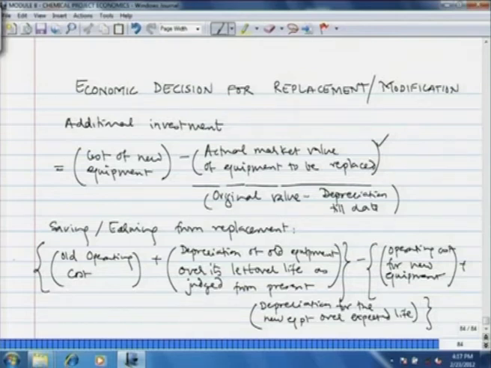So this is the net saving or earning that we are going to get from replacement, and this should serve as another tool for making the decision of replacement.